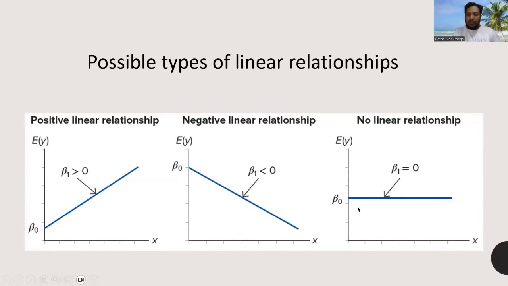And when the line is not changing over the area, the gradient is 0. Beta naught represents the y-intercept, that means where the line cuts the y-axis. The definitions are actually the same as in mathematics, so no difference between the definitions.